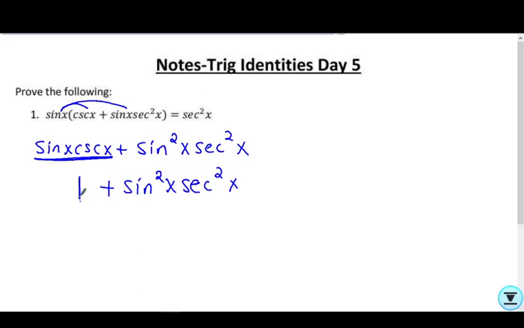Since my answer has secant squared in it, I don't want to change secant squared. If I'm going to change anything, I want to change sine squared. The only thing we really have for sine squared is our Pythagorean identity. So I'm going to change sine squared to 1 minus cosine squared, times secant squared.